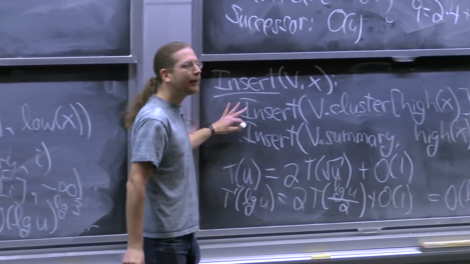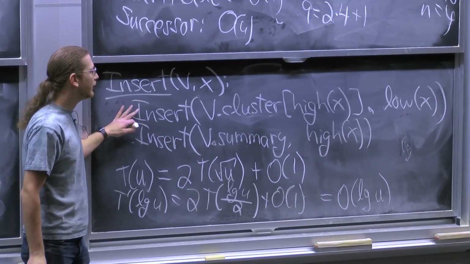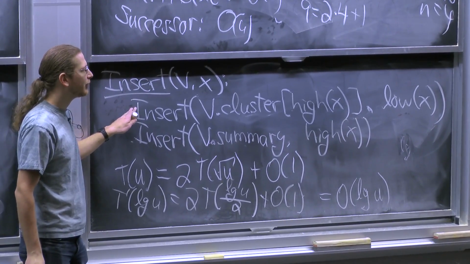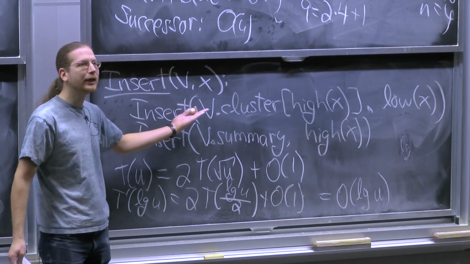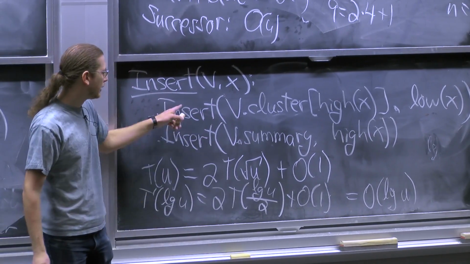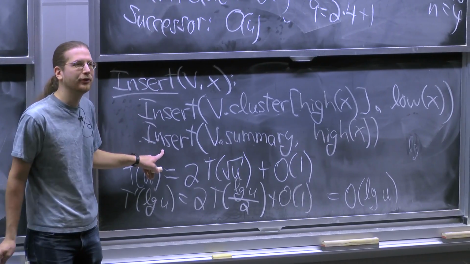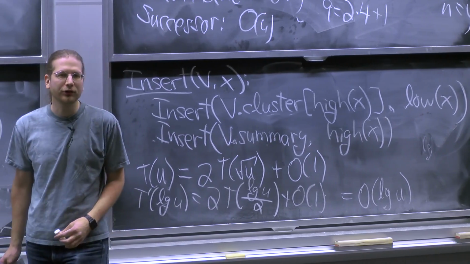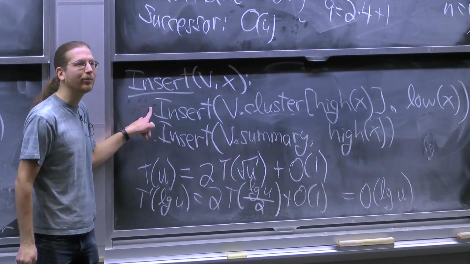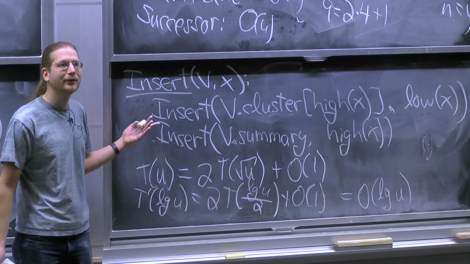But again, most of the time this should be fine, right? Most of the time we insert into cluster high of x, low of x, and we're done. As long as there's something already in that cluster, we don't need to update the summary structure. As long as high of x has already been inserted into the summary structure, we can get away with just this first step.